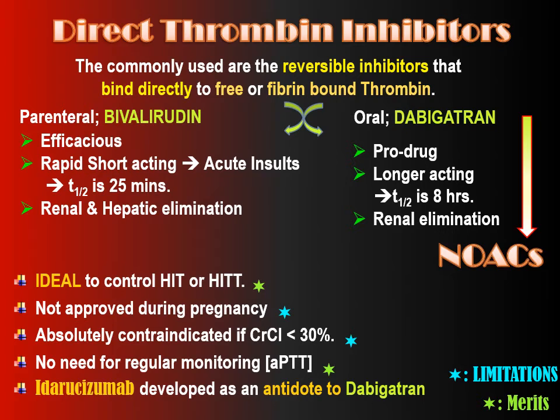It's teratogenic, it's not approved during pregnancy, and also contraindicated in renal disease if creatinine clearance is less than 30%. It does not have a regular monitoring test. There is an antidote called idarucizumab. It's a monoclonal antibody that binds specifically to dabigatran to reverse its action.